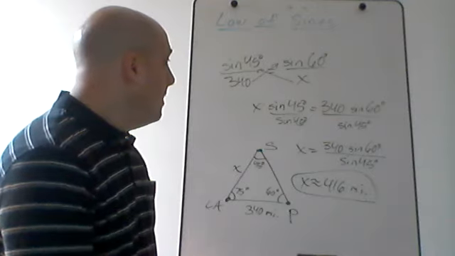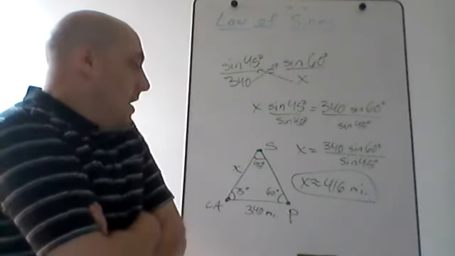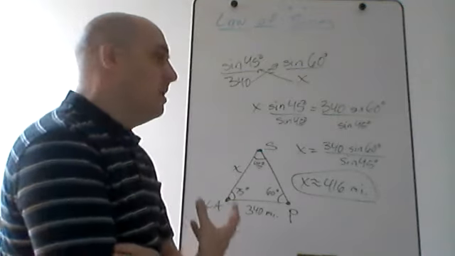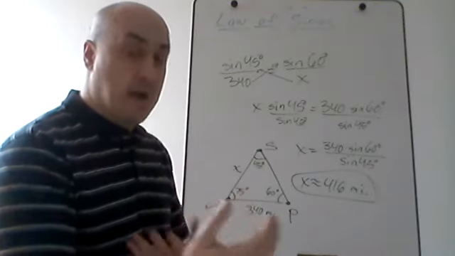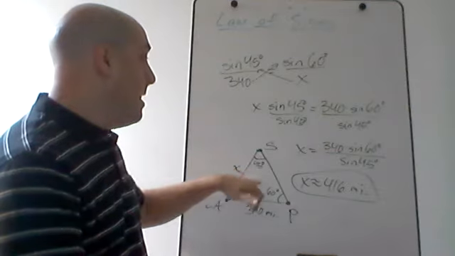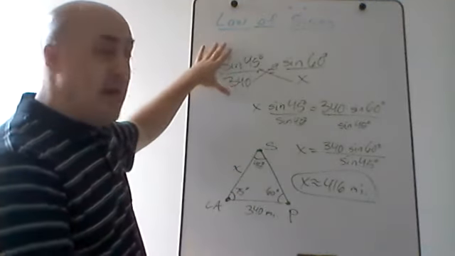So that's our first example here, doing the law of sines. Again, it's just setting it up, understanding what the law of sines says, which is not that hard of a formula to remember. Sine A over A equals sine B over B equals sine C over C. And then it's just a matter of making sure you set up those fractions correctly. Remember, you need one full fraction without any variables in it.